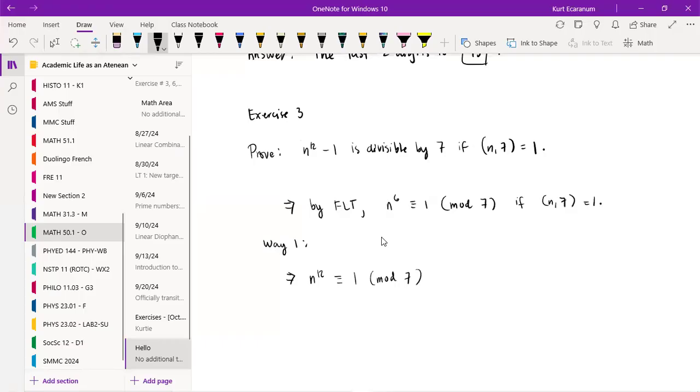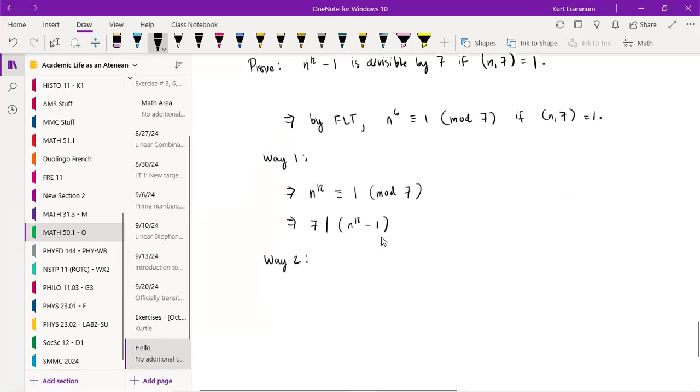And so, by definition of the congruence, we can make this 7 divides n to the 12 minus 1. Done. Yun na yun. If you write it into words na lang, I think sir will understand this.